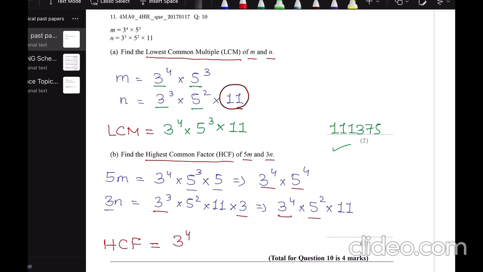Since 3 raised to the power 4 is the same, I will take the same, but in 5 one exponent is 2 and the other is 4, so the common part is the smallest power, this one, not 4. That's the difference between HCF and LCM. To summarize: in LCM we take the highest power of the common term, and in HCF we take the lowest power, or the same power, of the common term.